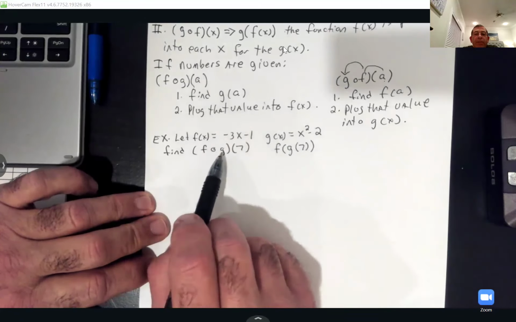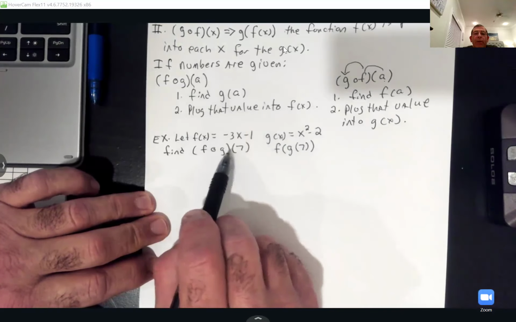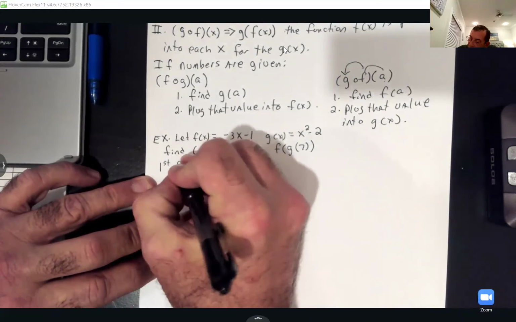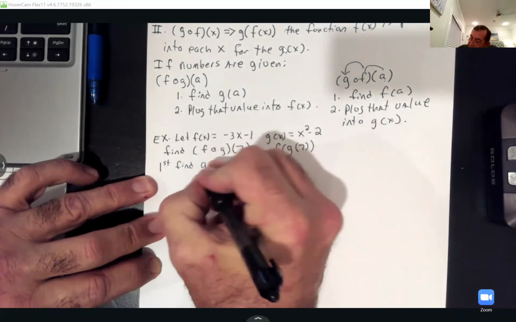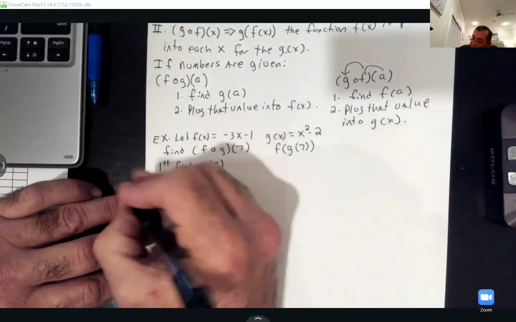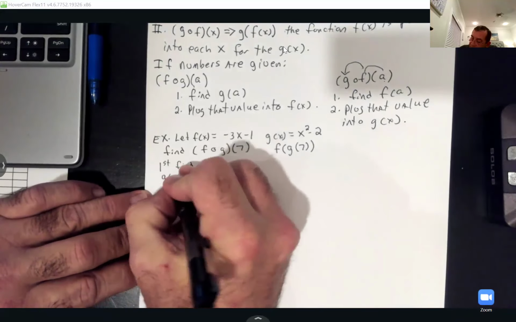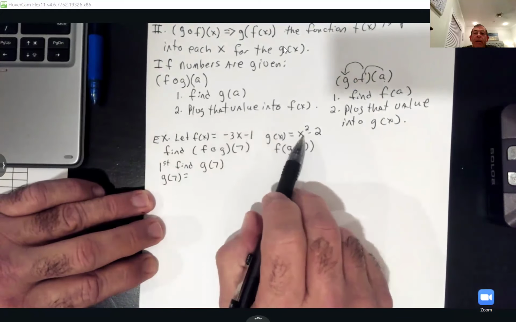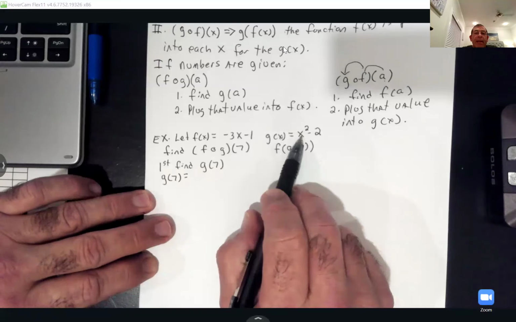So that means the first thing we have to find for this problem is g of 7. So g of 7 will equal the g function, and we're going to put a 7 in for that x.